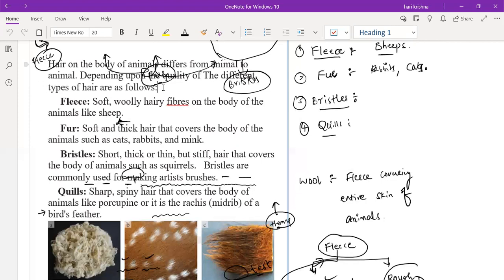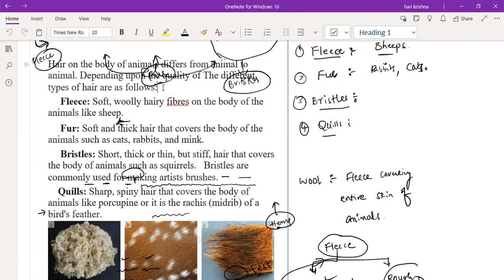Soft in nature, it looks like a woolly hairy fiber on the body of animals like sheep. So fleece is very soft. Most commonly we get the wool from the fleece only. Yes, sir. We are getting the wool from the fleece of the sheep only.